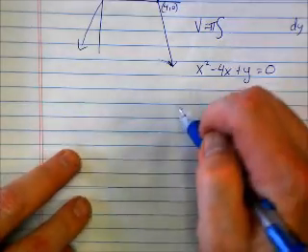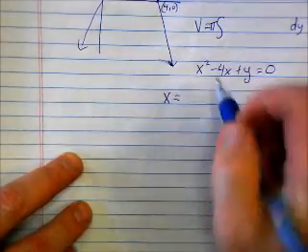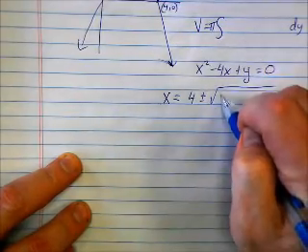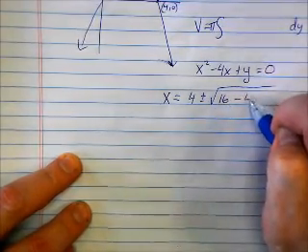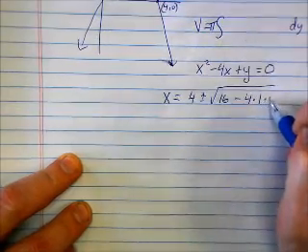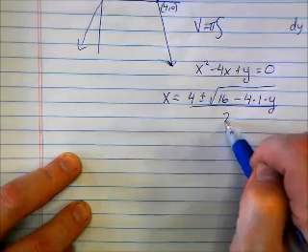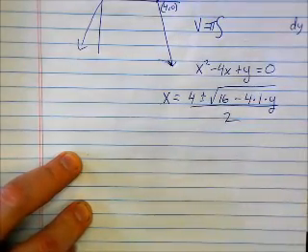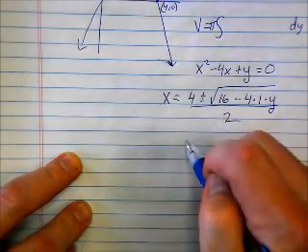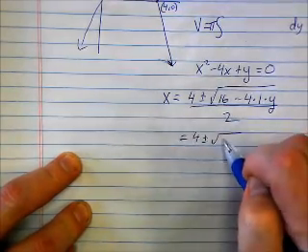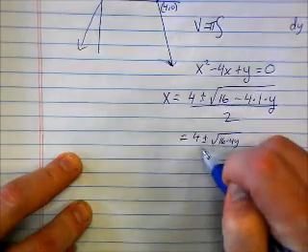So x equals negative b, that's 4, plus or minus the square root of b squared, that's 16, minus 4 times a times c, so 4 times 1 times y, all over 2a. Simplifying a little, that's 4 plus or minus the square root of 16 minus 4y, over 2.